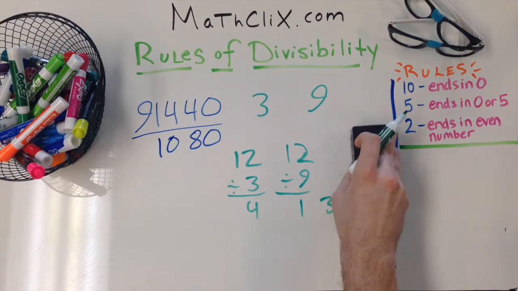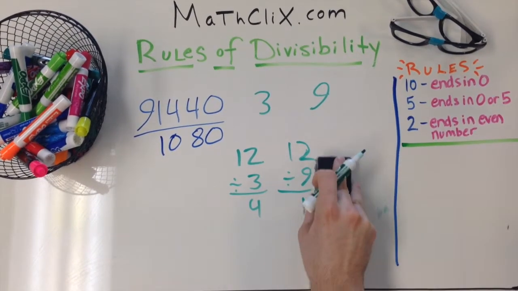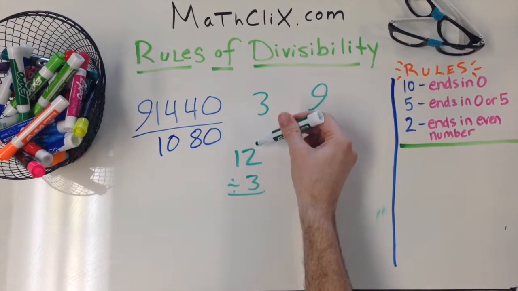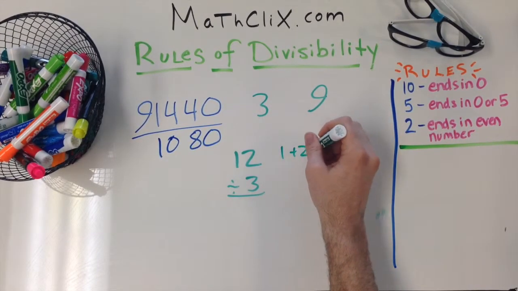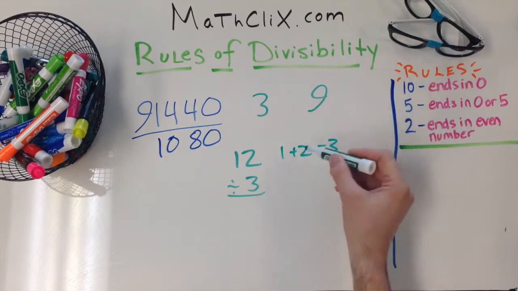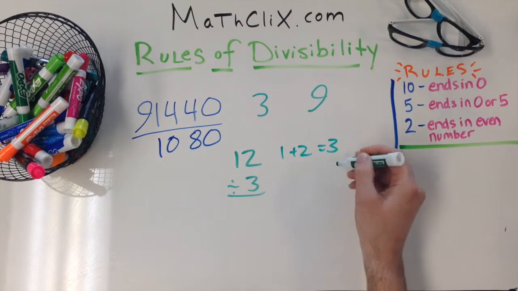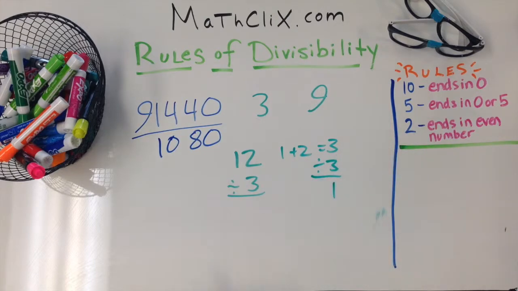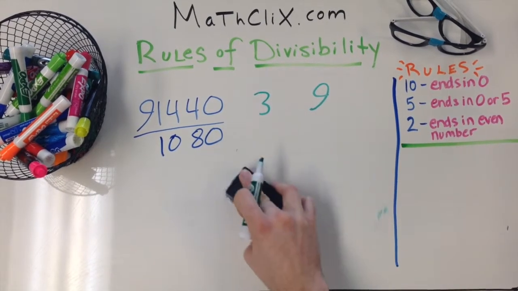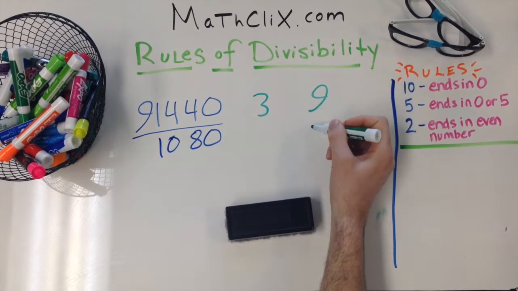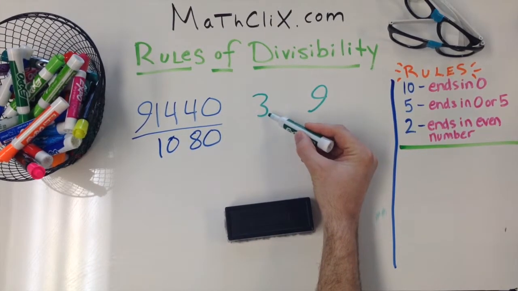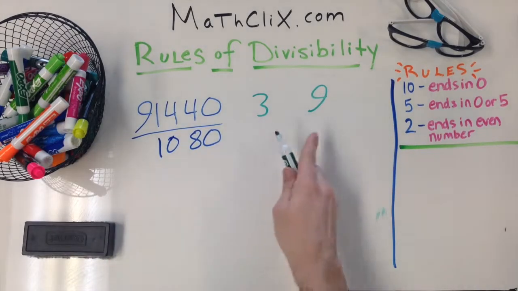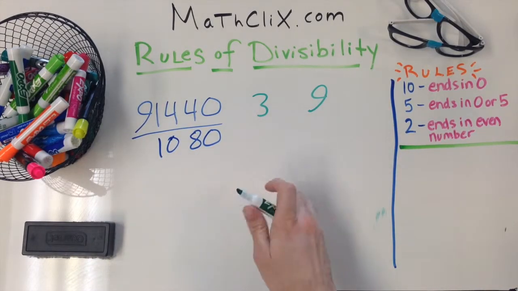Well, that's not a whole division, so that's our proof here. 1 plus 2 equals 3. That's its test for divisibility. 3 divided by 3 is 1. So if it's divisible by 9, it is therefore by proxy also divisible by 3, but not quite the other way around all the time. Well, let's test our bottom numbers to make sure it holds true.